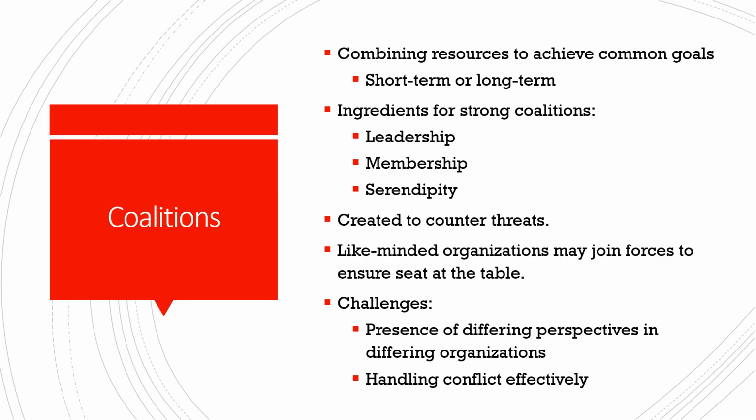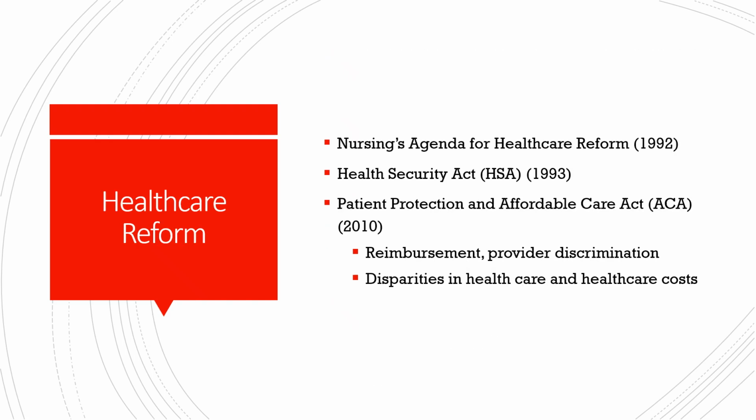So it's not about us individually, it is about a unified area of interest. There do become challenges with this, and that's having different perspectives depending on those organizations. But those are things that you need to work out to have a strong coalition. If not, it can oftentimes cause more damage and harm than good.